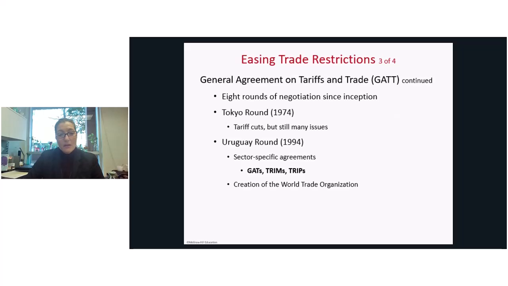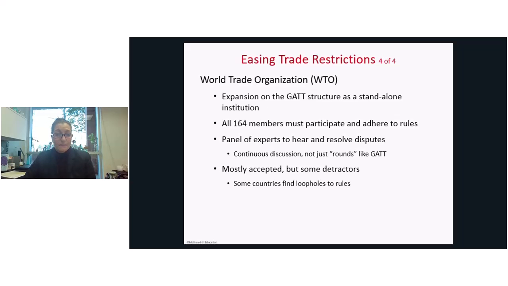The GATT agreement went through 8 rounds of negotiation or renegotiation since inception. There was the Tokyo round in 1974. They agreed on some tariff cuts, but there's still many issues. And the Uruguay round 1994, which was sector specific. And from that Uruguay round, we have the creation of the World Trade Organization.